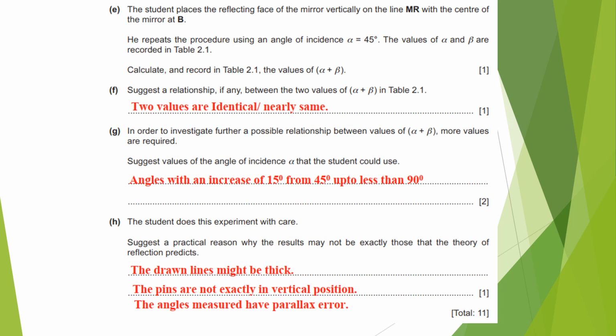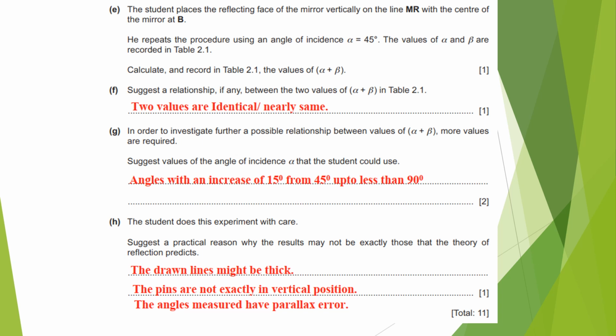The student already used 30 degrees and 45 degrees. What is the difference? 15. If you add one more 15 to 45, it will be 60 degrees. So your next angle is 60 degrees.